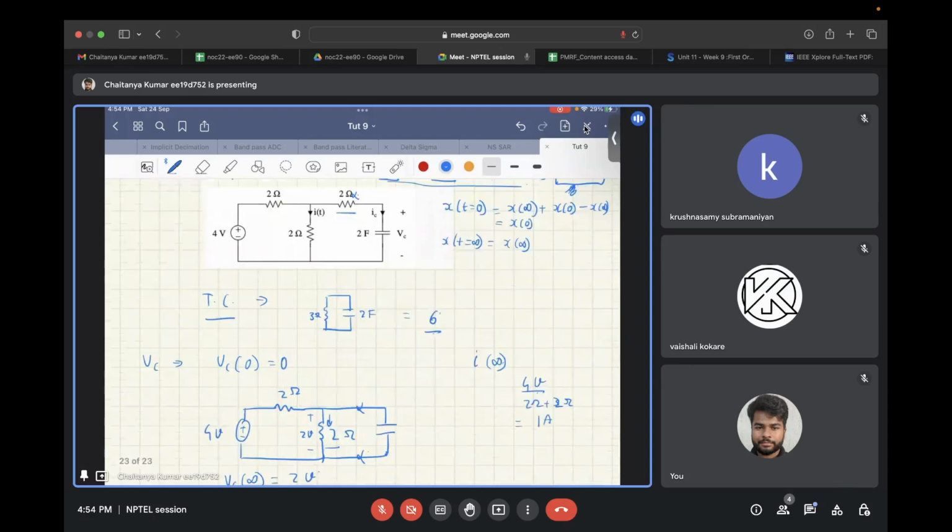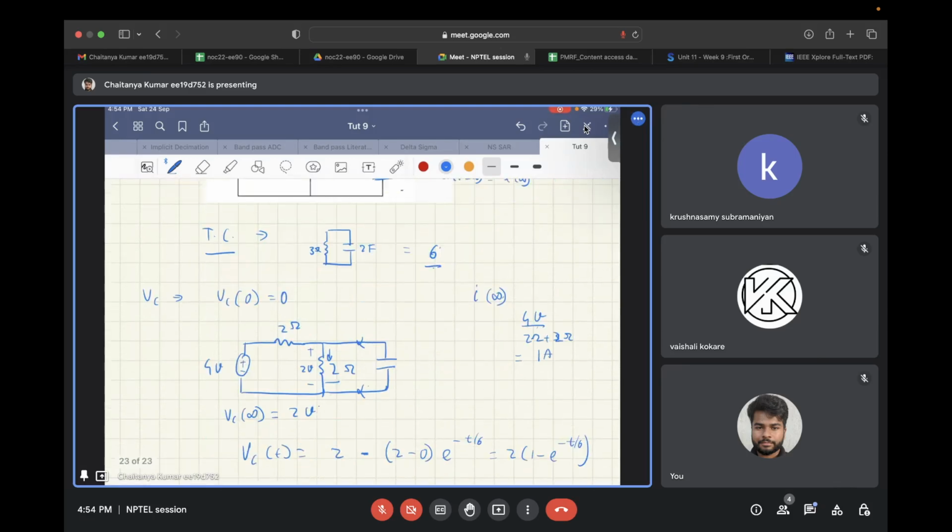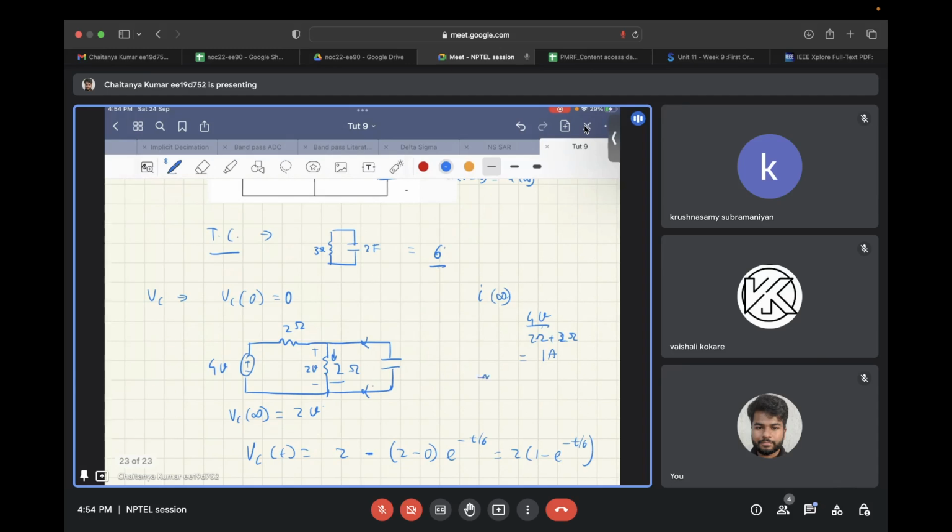And for the initial value, you need to consider this capacitor as a short circuit. So for the initial condition, you need to draw the circuit as follows.